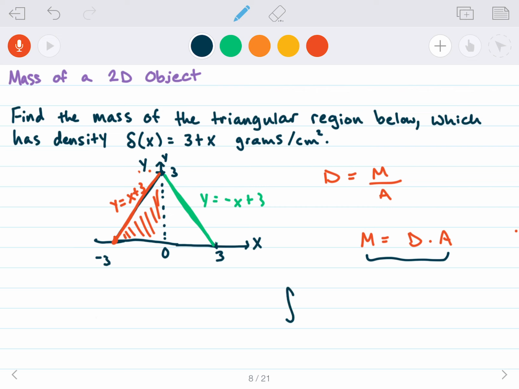So I'm going from negative 3 to 0 of the density, which is 3 plus x, times the area. Well, the area is the height times dx, the height of the little rectangles. And we can see here that the height is x plus 3. So this is going to be x plus 3 dx. So that's our first integral.